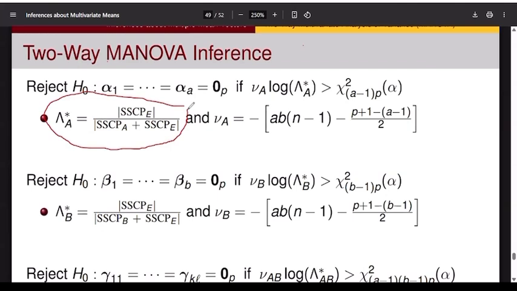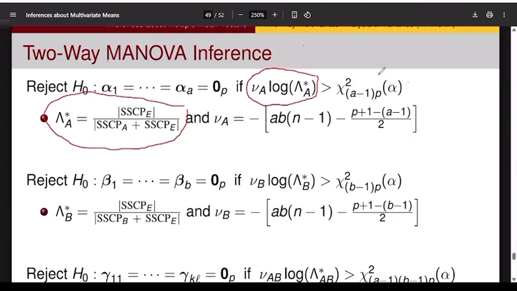The denominator is the sum of square product for factor A plus the sum of square product for error. If I want to talk about factor A, if you look at the other one, and if you take a look at that, this is my test statistic. Whatever I get here, I'm going to take the log multiplied by VA.